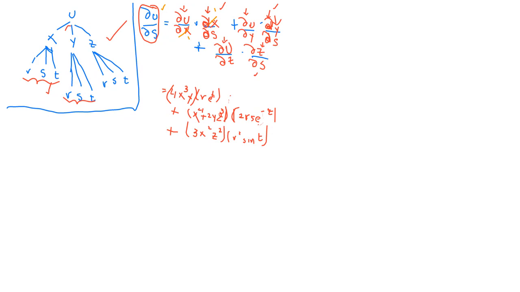I actually saw one time a student plug those defined functions in for these three terms, and then had a huge derivative, a huge function to work with. We don't want to do that.